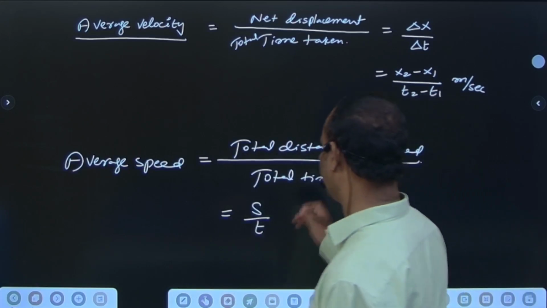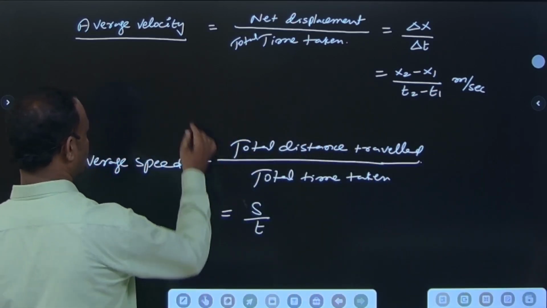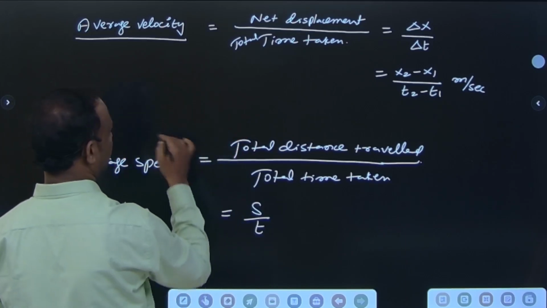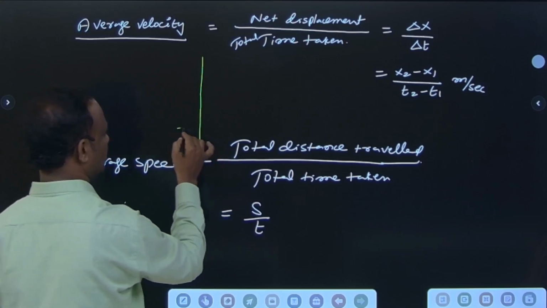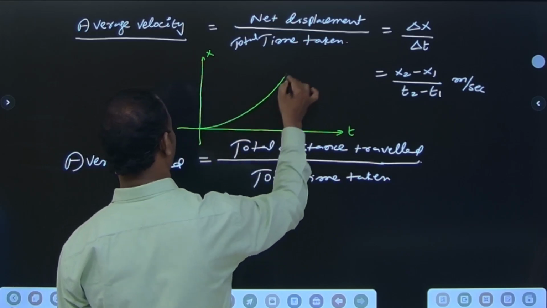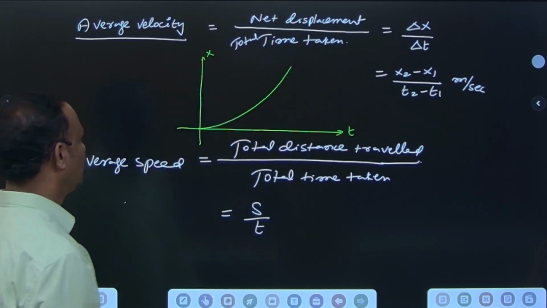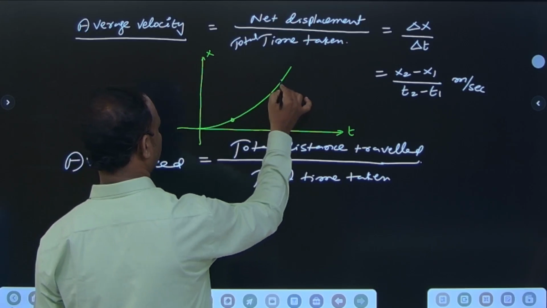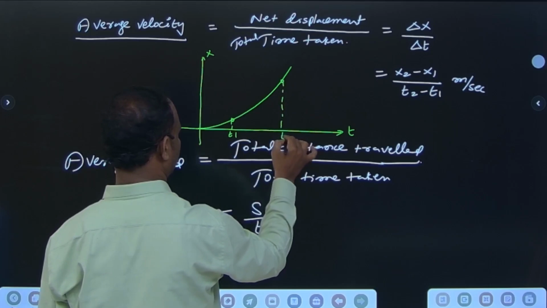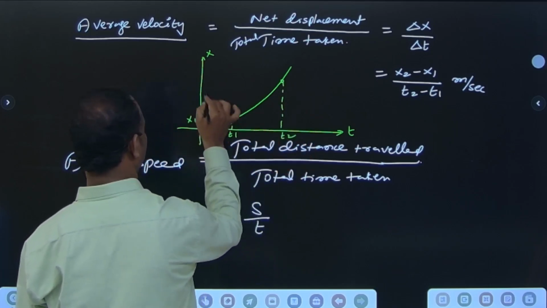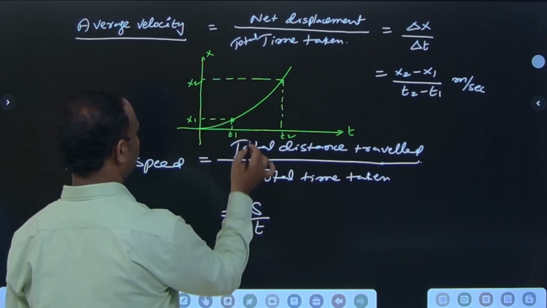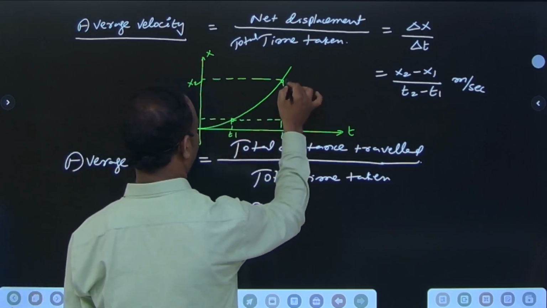Graphically, if you want to represent average velocity and average speed, for example, take an x versus t graph with an increasing slope. I've chosen two points, t1 and t2 on the time axis, and x1 and x2 on the position axis.